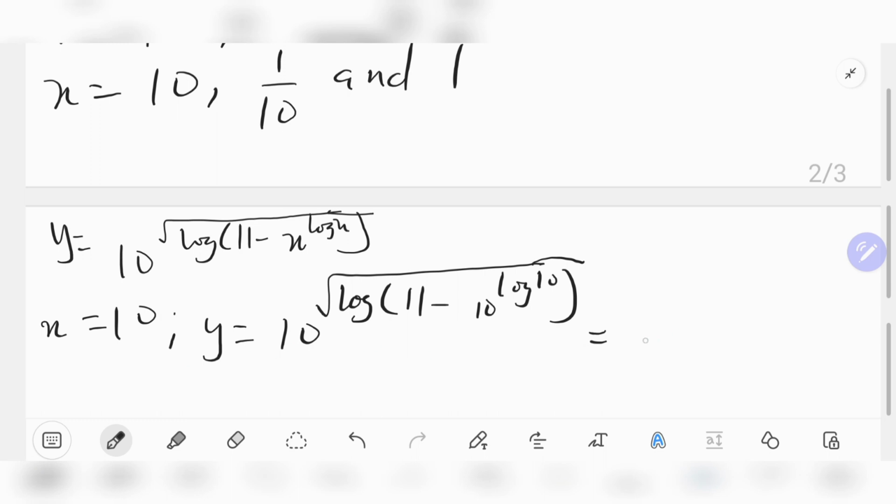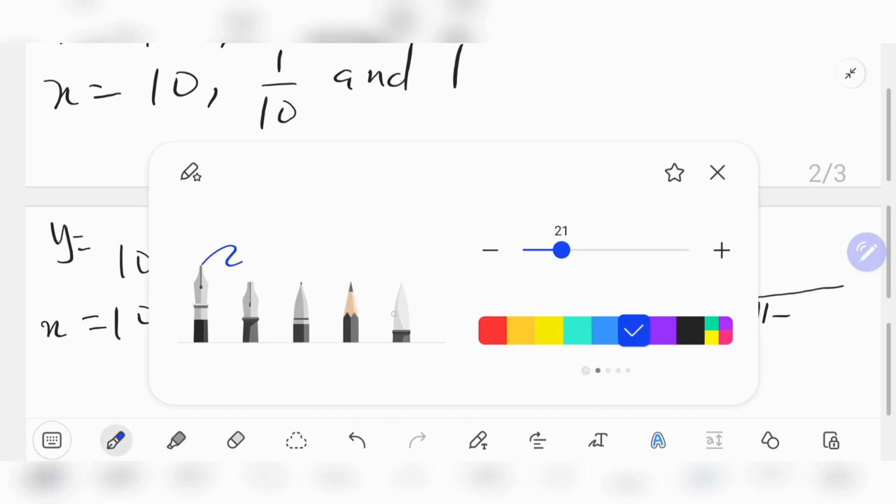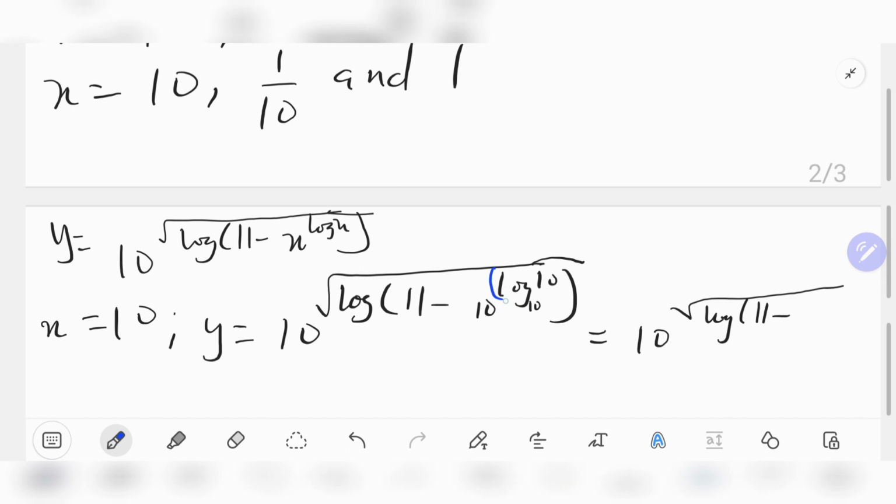So from here, we will get 10 raised to the power square root of log 11 minus, you see the base over here is a 10. All right, so log 10 base 10, I'm talking about this whole log. That whole log is the same thing as 1. So we're going to get 10 power 1, which is the same thing as 10 actually.